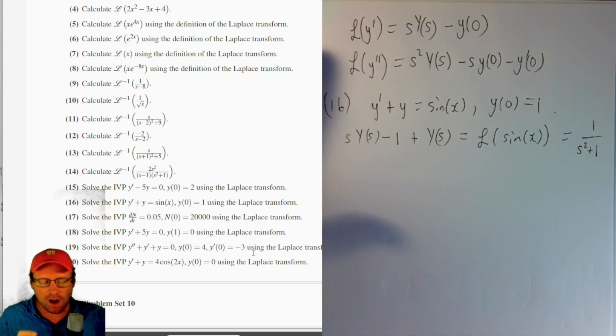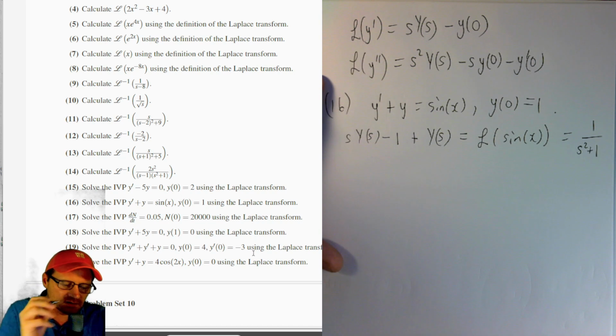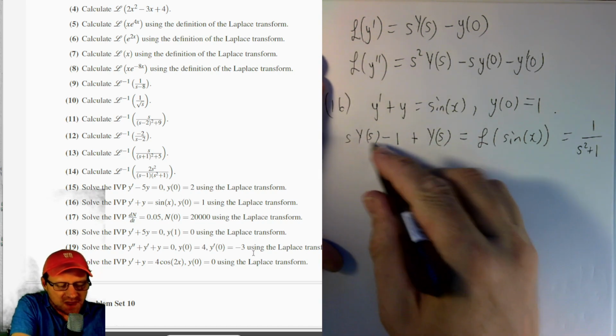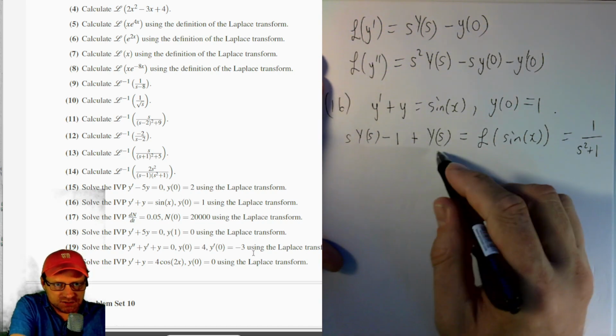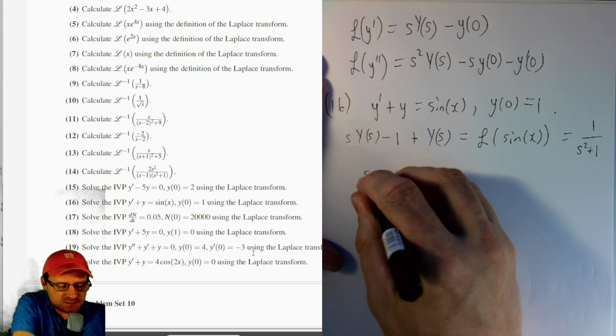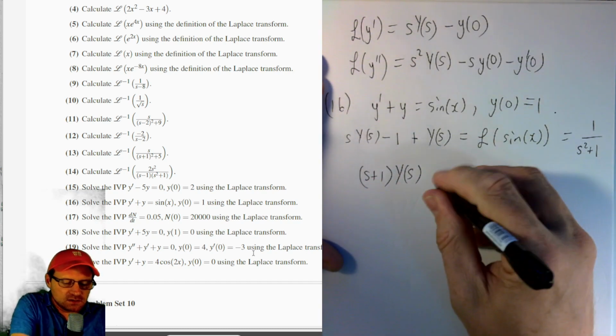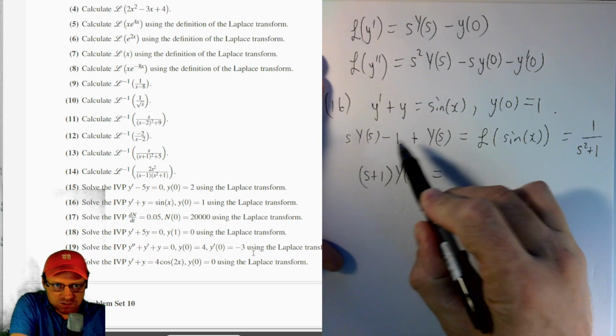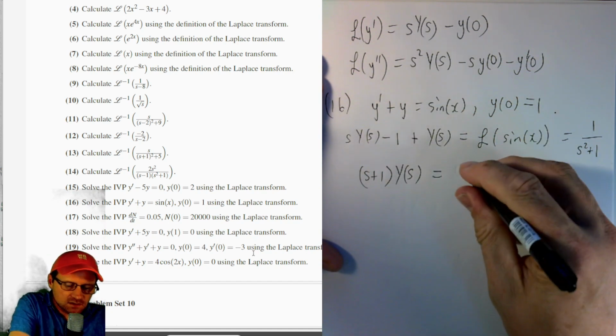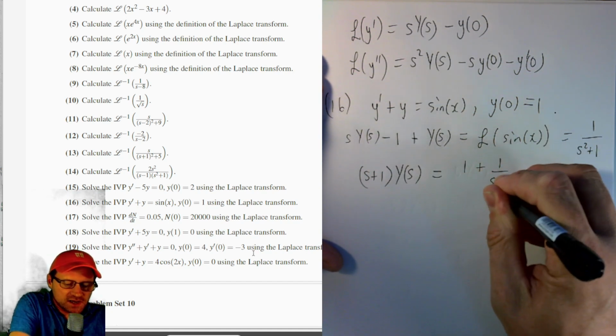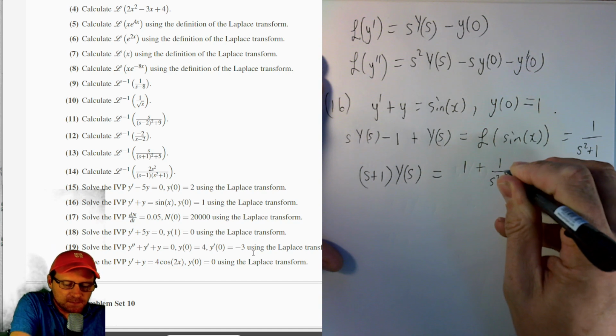Now, we need to solve for Y(s). So, factorizing that out of these two terms, we have (s plus 1) Y(s) equals, taking that minus 1 over to the right-hand side, 1 plus 1 over s squared plus 1.